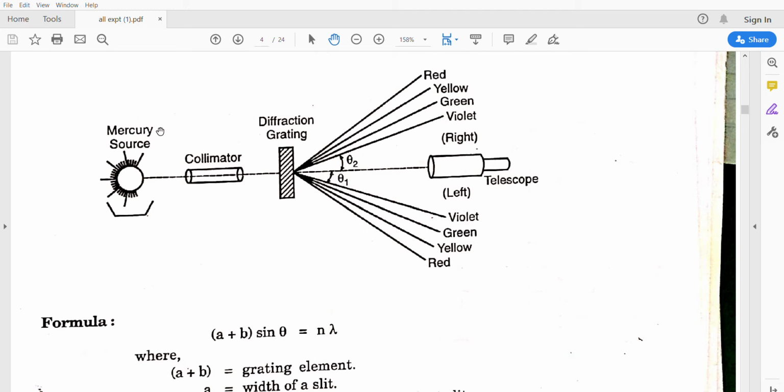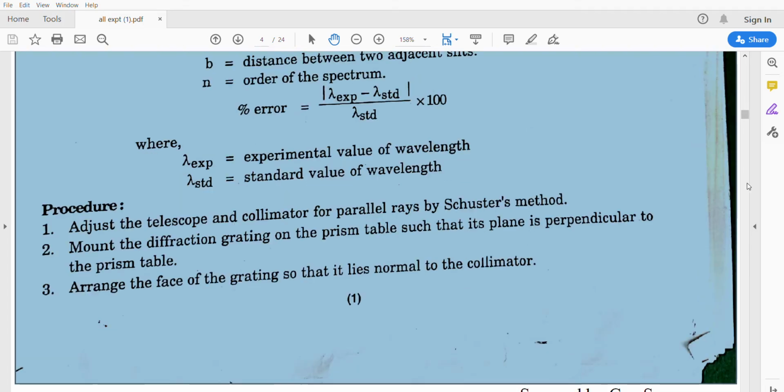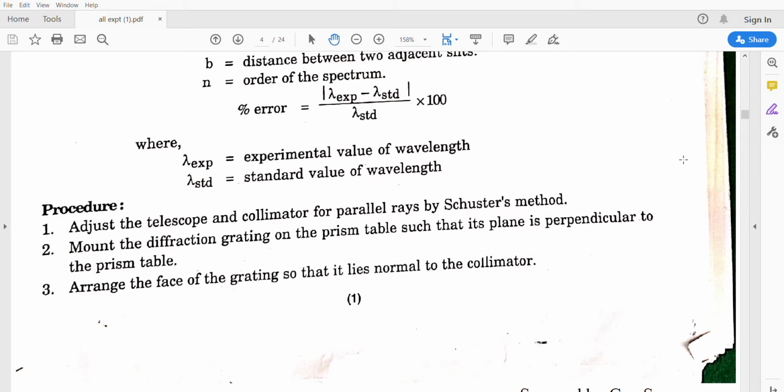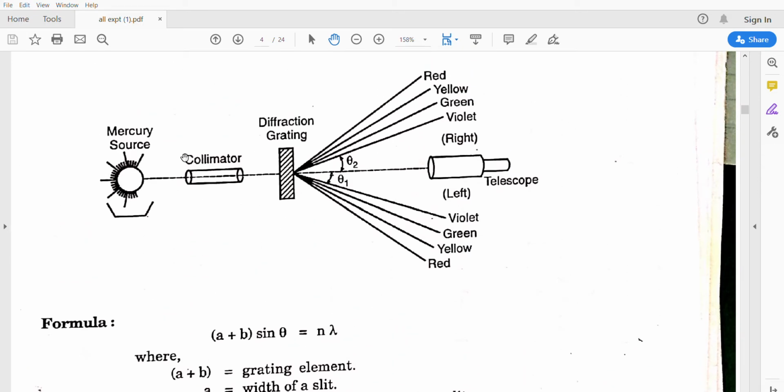From the mercury source, the light will fall on the collimator. From this diagram we can understand the process of the diffraction grating.